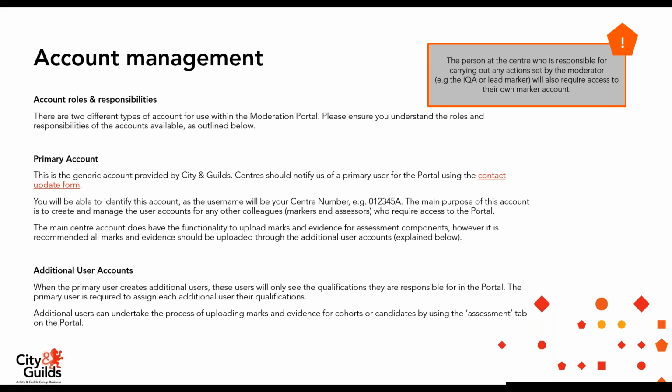The additional user accounts are created by the primary user, and you will be creating those additional users and the access that they have, but they should only see the qualifications that they're responsible for in the portal. The primary user is required to assign each additional user their qualifications. And so those additional users can undertake the process of uploading marks and evidence for cohorts by using that assessment tab on the portal I just showed you earlier.